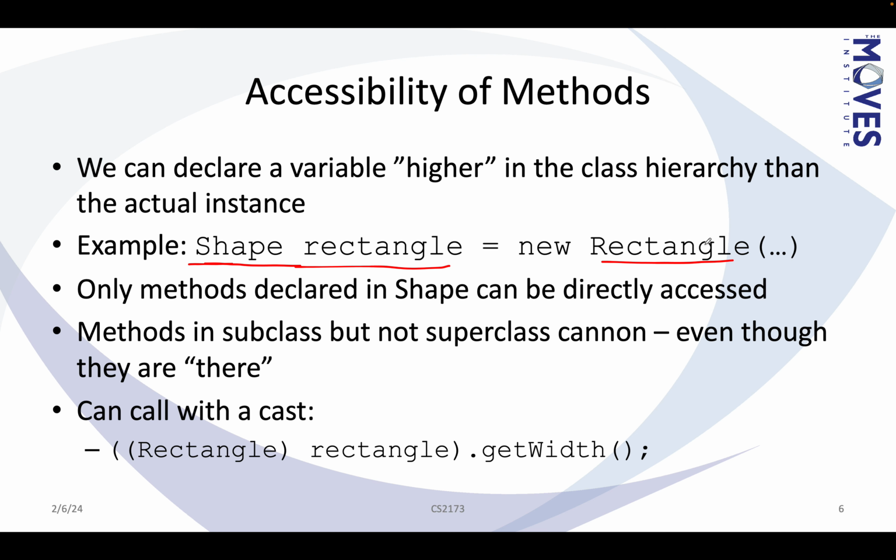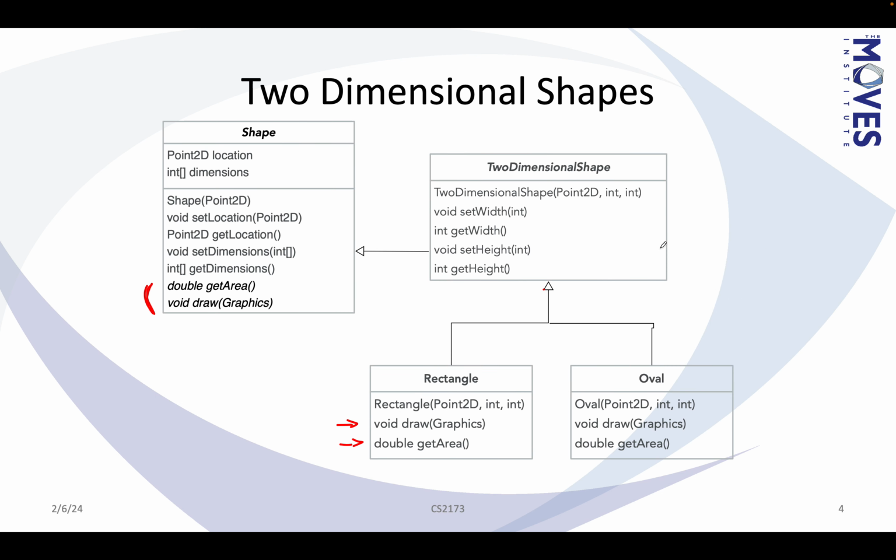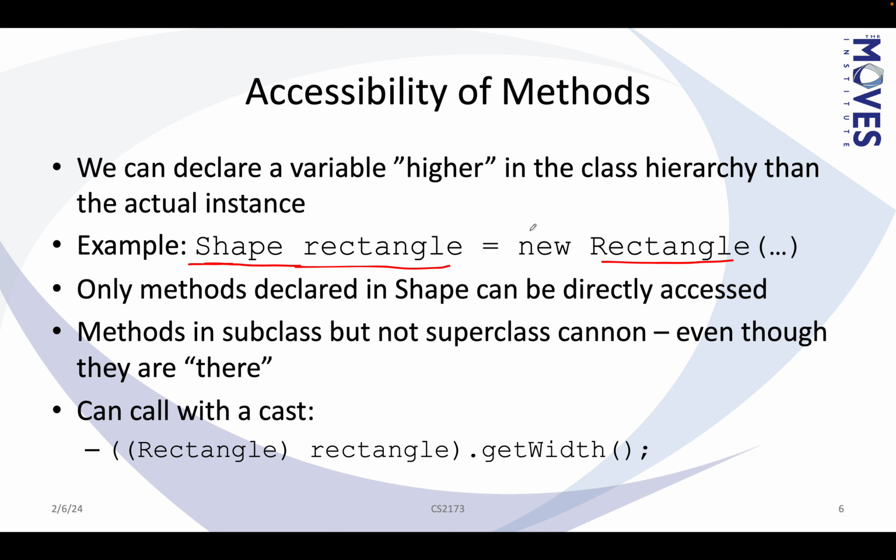In other words, having declared rectangle as a two-dimensional shape, it has a method called getWidth. But if I declare it this way and then try to invoke getWidth on this variable, the compiler will not let me do it.